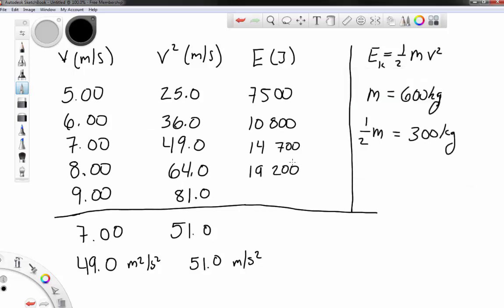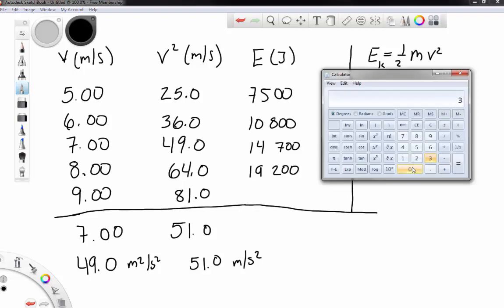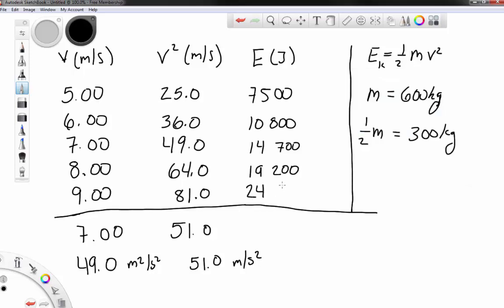And last but not least, 9 squared is 81 times 1/2 m. So we want to know what is 300 times 81. That's 24,300. Okay, if we're going to find the average kinetic energy, then we need to add these 5 numbers together and then divide by 5.